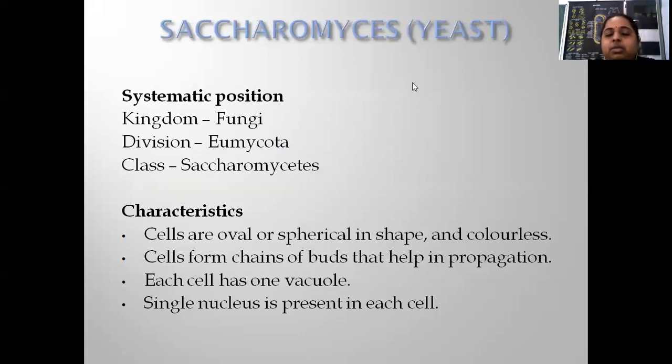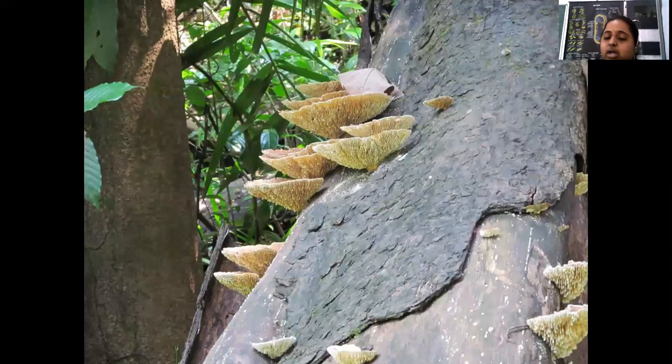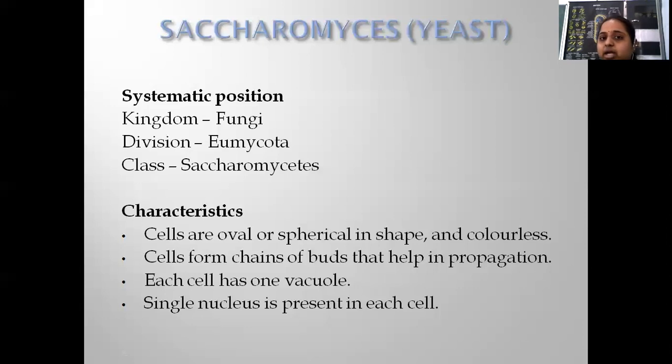Coming to the characteristics of yeast, cells are oval or spherical in shape and they are colorless, they do not have any particular color. But when you study the mushroom, which is also a fungus, you have different colors here. Mushrooms have different colors depending on the pigment, but yeast are colorless.